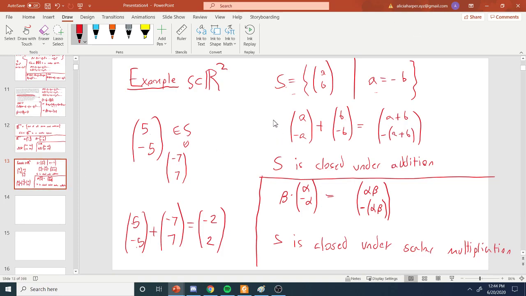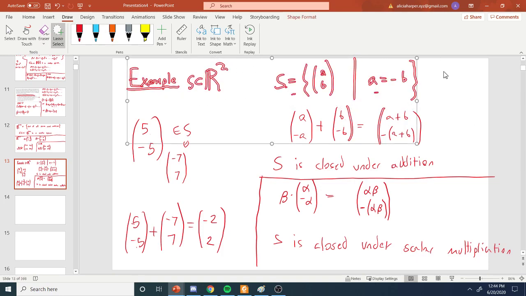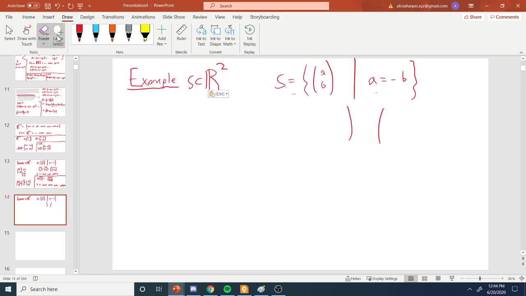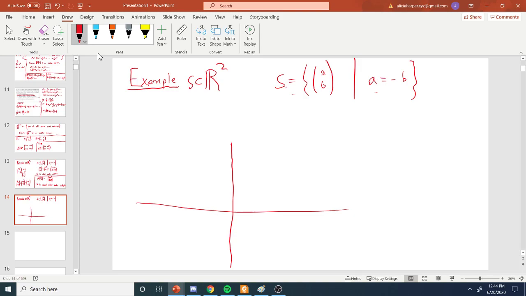Now, why don't we try to understand what S actually looks like? If we draw a picture, then we can visualize S as follows. If it's the set of vectors (a, b) where the first component is negative the second component, it's precisely going to be vectors like this, or like this.